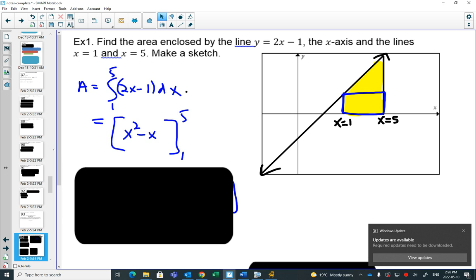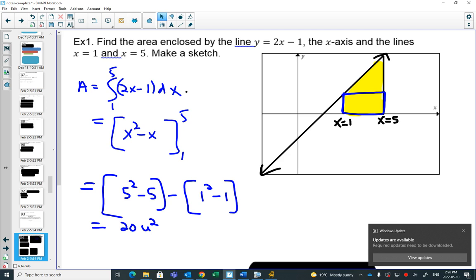Working backwards, you'll get x squared minus x. And with the definite integral, remember, we put the square brackets around it. We go from 1 to 5, and then you plug in 5 and plug in 1 and subtract, and you get an area of 20.